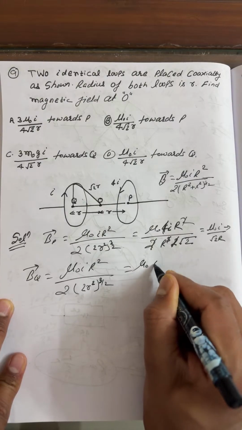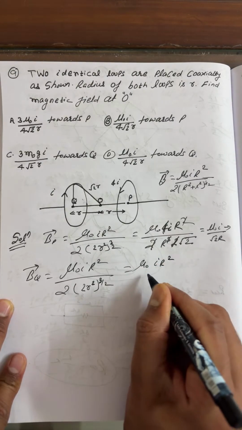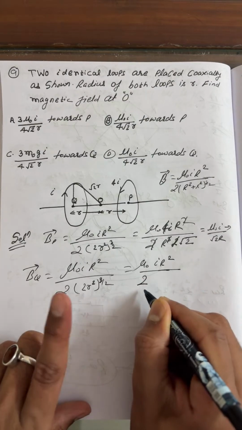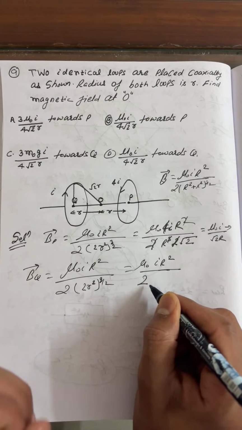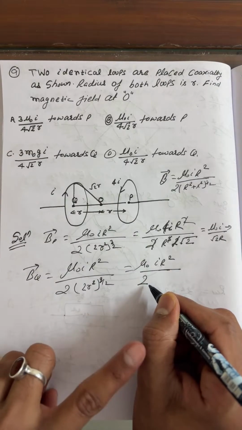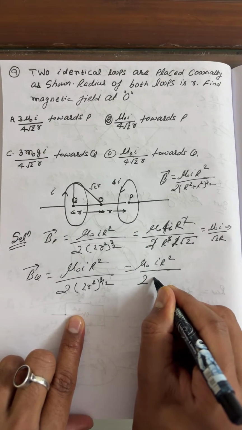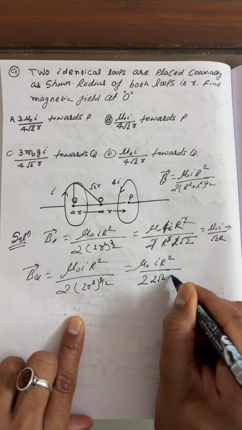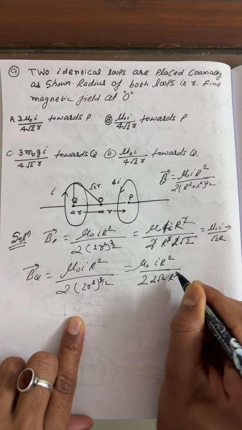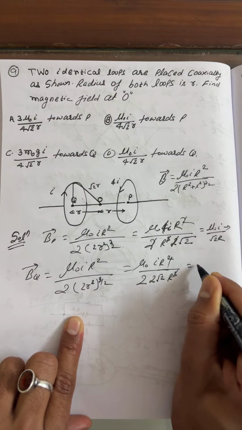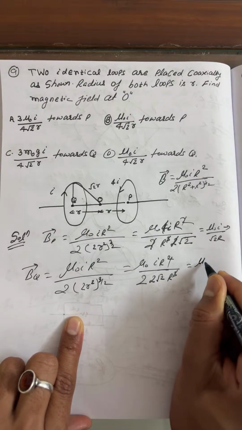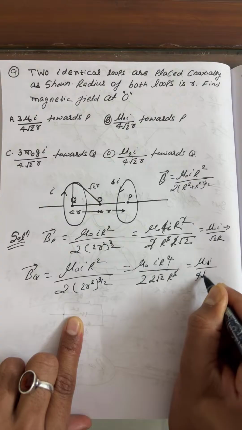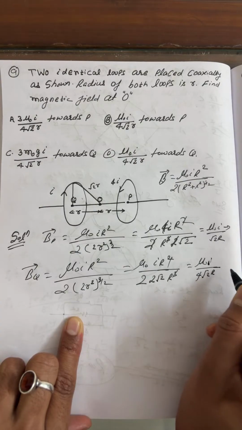So mu naught into I R square upon 2 into 2 to the power 3 by 2 and R cube, so 2 root 2 into R cube. R cube cancels. So what you will get is mu naught into I by 4 root 2R.